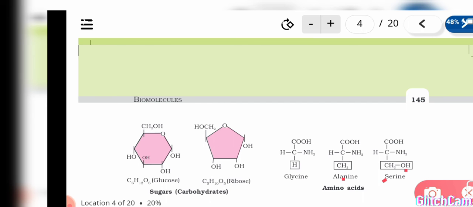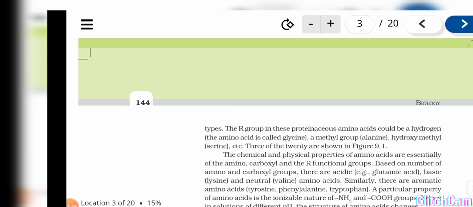And if the number of amino groups and carboxyl groups is the same, then it will be a neutral amino acid. An example of an acidic amino acid is glutamic acid. An example of a basic amino acid is lysine. A neutral amino acid example is valine. Aromatic amino acids examples are tyrosine, phenylalanine, tryptophan, etc.